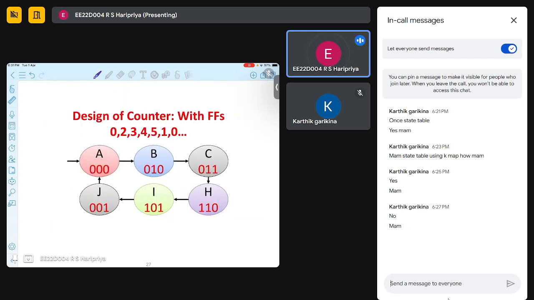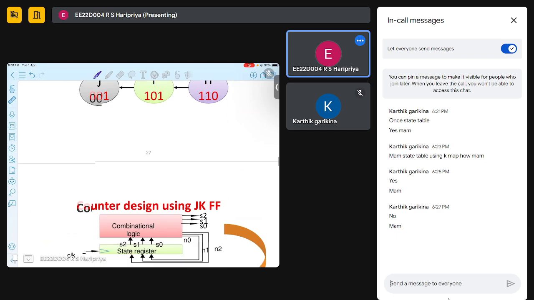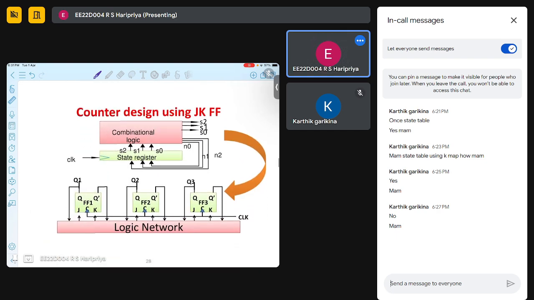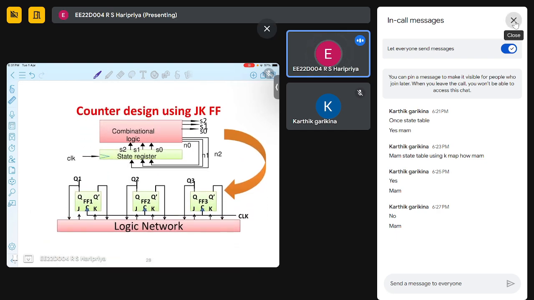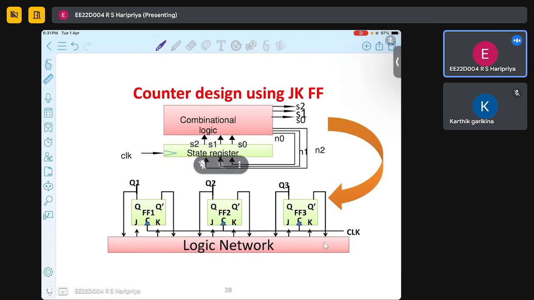Okay. So now we will assign the counters with the flip-flops. So we have a flip-flop, then we need some set of combination logic or the logic network.